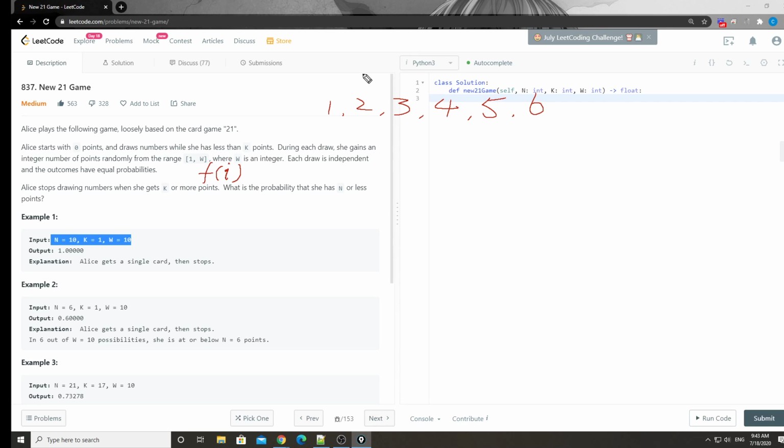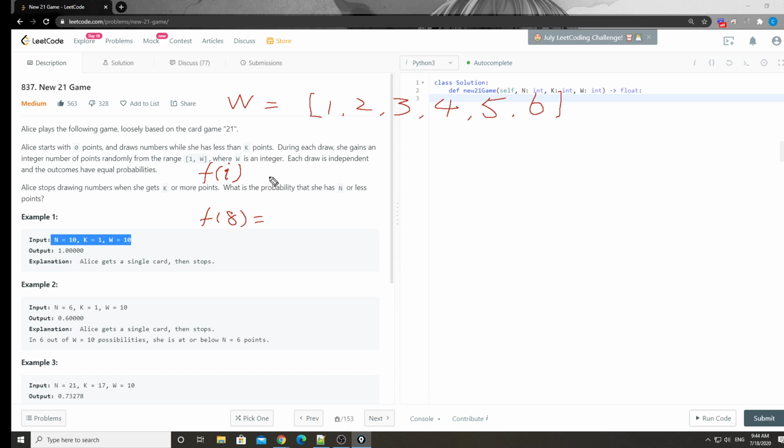Let's assume W is in this range just to make it easy. And then let's say I is equal to 8, F of 8. So what's the probability of getting 8?